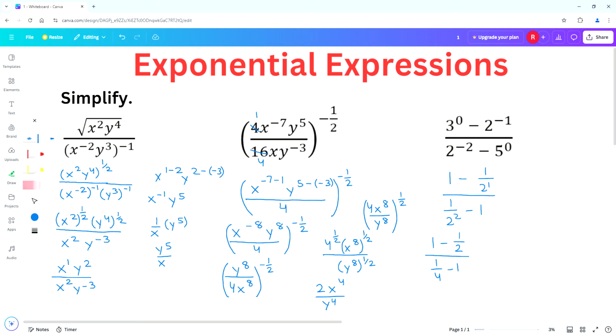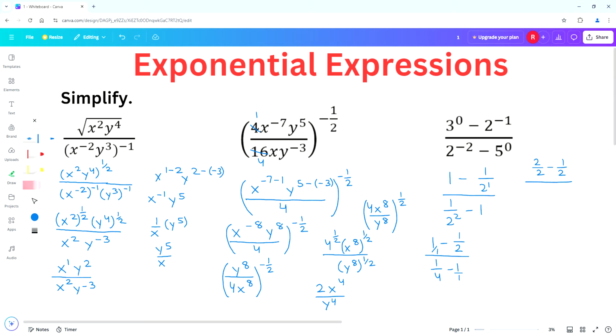We can combine the terms in the numerator by finding a common denominator. The denominator of 1 is 1. The common denominator is 2. So we should multiply 1 over 1 by 2 in the numerator and denominator. In the denominator expression, the denominator of 1 is 1.